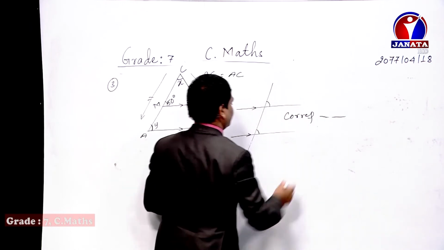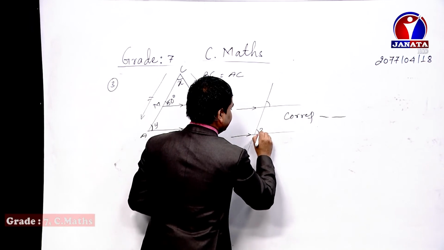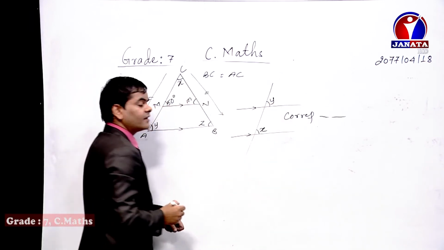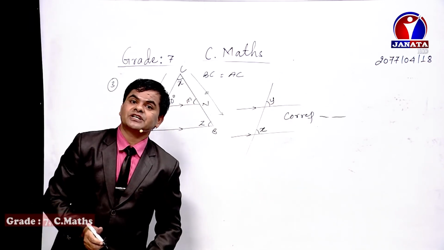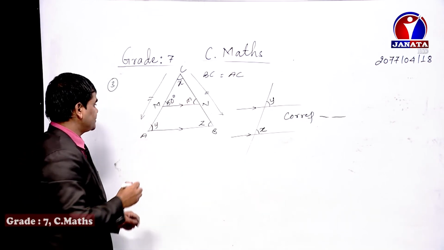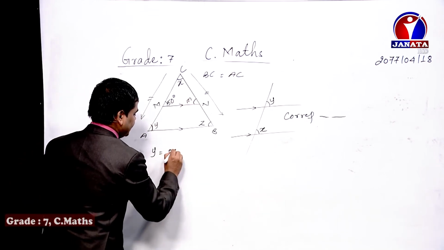Do write here, corresponding angle. Then we know that if it is X and if it is Y, they are equal to each other. The corresponding angles are equal to each other. So Y equals 50 degree, isn't it?